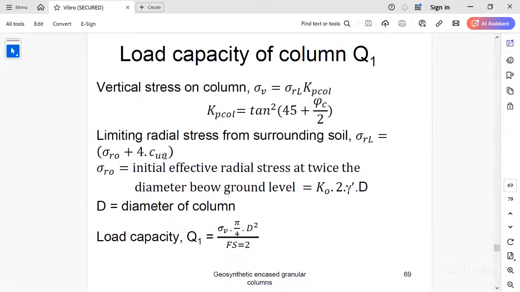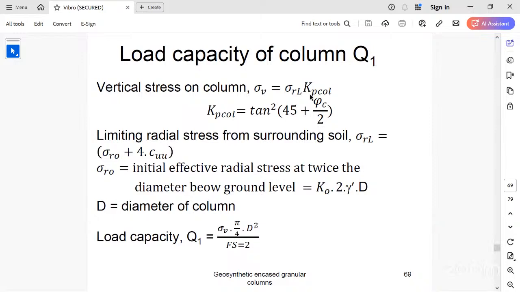So sigma V is the limiting radial stress, that is sigma R naught plus 4 Cu, times Kp of the column.